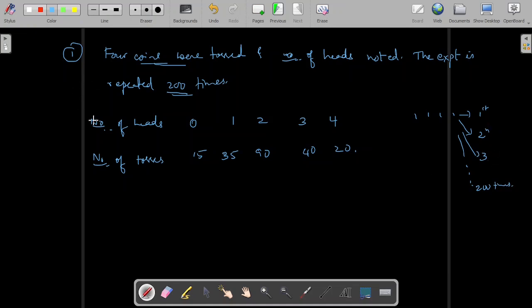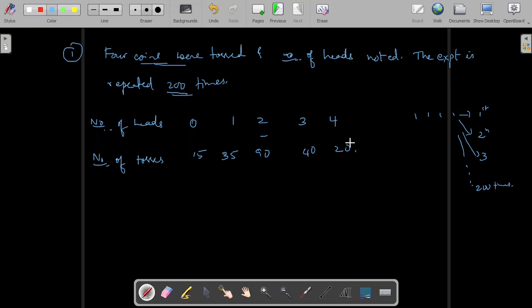Then the number of heads: out of those 200 repetitions, 15 had no heads. Then 35 tosses had 1 head, 90 tosses had 2 heads, 40 tosses had 3 heads, 20 tosses had 4 heads. So that is given. This is the observed data.